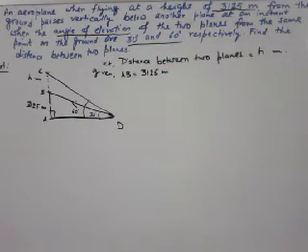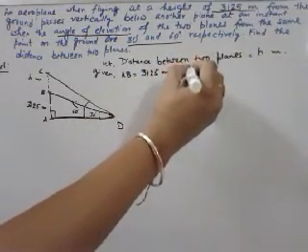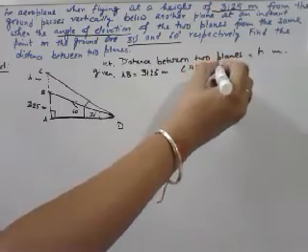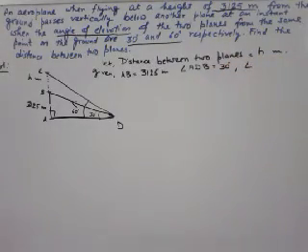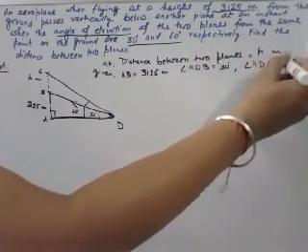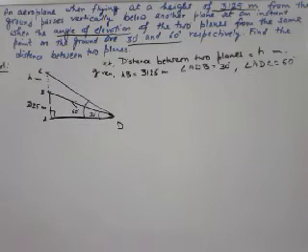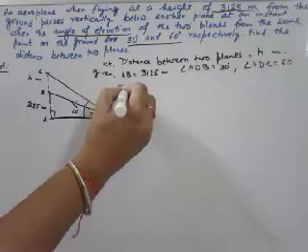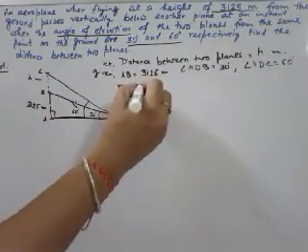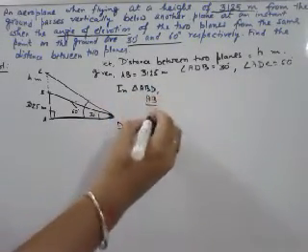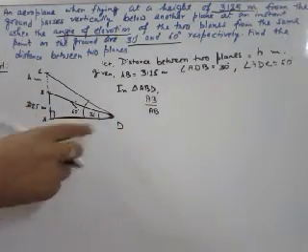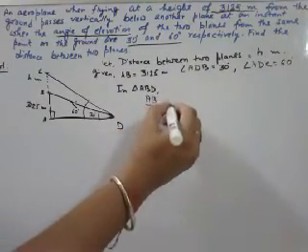Angle of elevation of one plane with respect to point D is 30 degree, and angle of elevation of the other plane with respect to point D is 60 degree. Now in triangle ABD, AB is the perpendicular with respect to angle 30 degree, AD is the base, so AB by AD is tan 30.